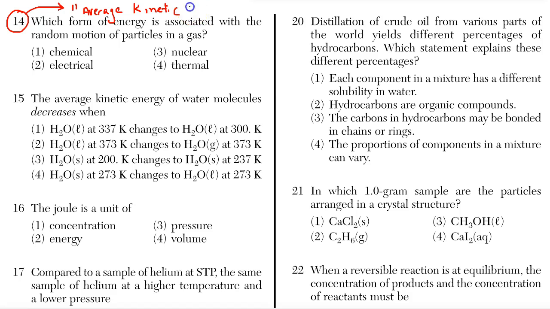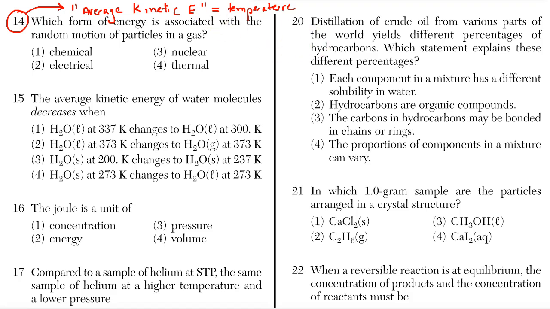So average kinetic energy is essentially, in this course, equal to temperature. That's an important one. Just like attractions for electrons is electronegativity. If you don't know, Table S does that. So average kinetic energy, temperature.